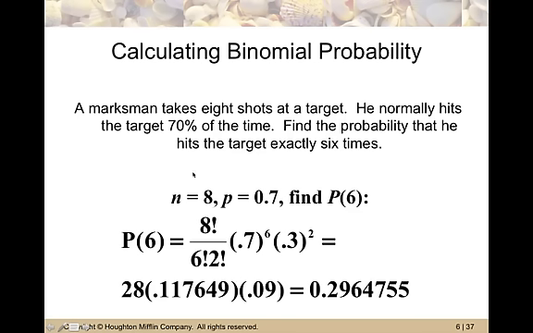That's the n minus x, so 8 minus 6. Okay, and then 0.7 to the 6th power, because we've got 6 successes, and then q is 0.3 to the 8 minus 6, so 2nd power. And so that's going to give you 28 times 0.117649 times 0.09, which gives you 0.2964755. So about 30% of the time he'll get 6 hits out of 8 shots.